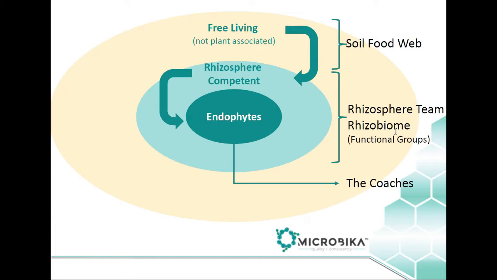And then the endophytes, if we look at what their function is, they are very involved in signaling communication with the plant, but also communication with the microbes in the rhizosphere. So we call them the coaches. They are the coaches of the rhizosphere team, planning the strategy to keep this plant in an optimal state of photosynthesis and health.